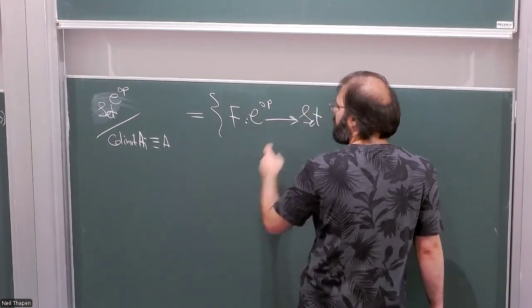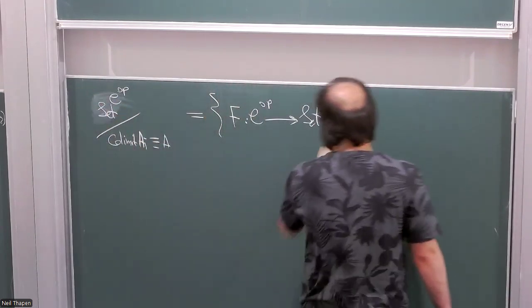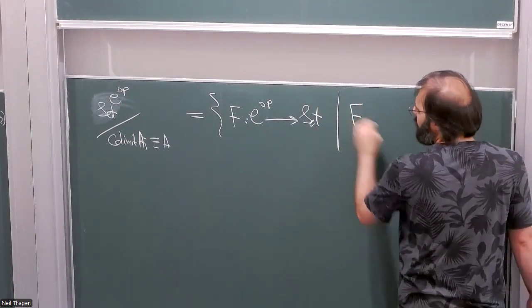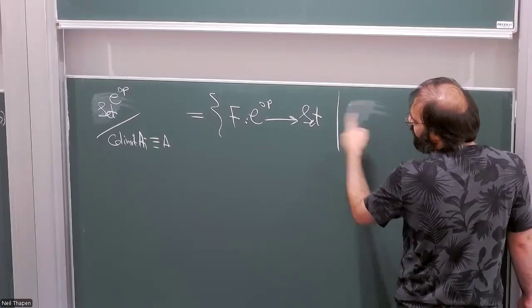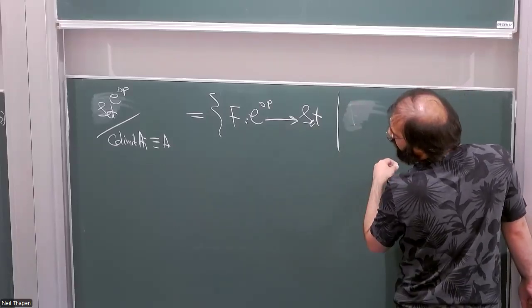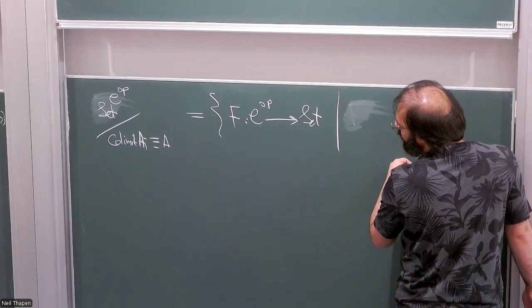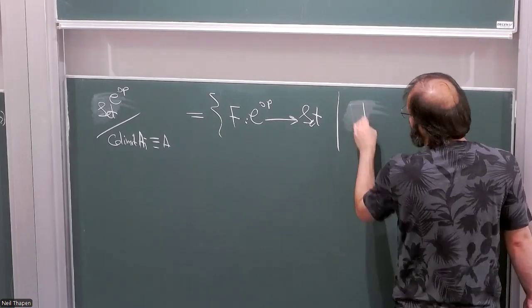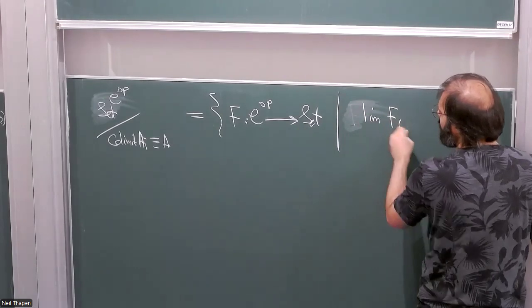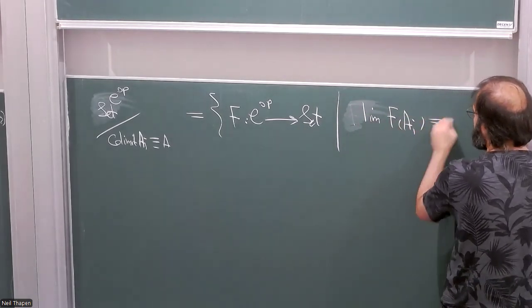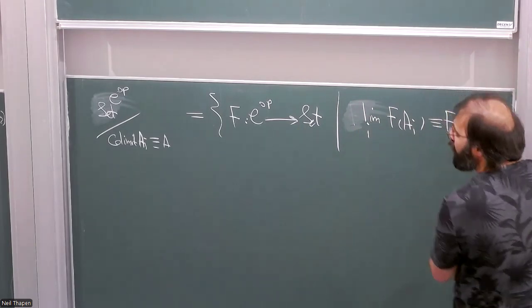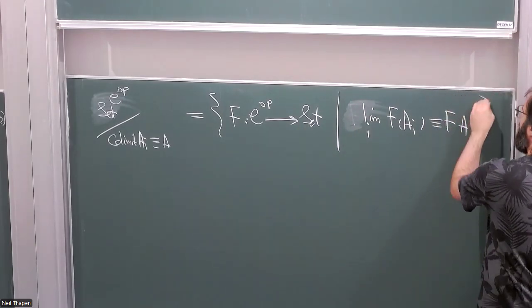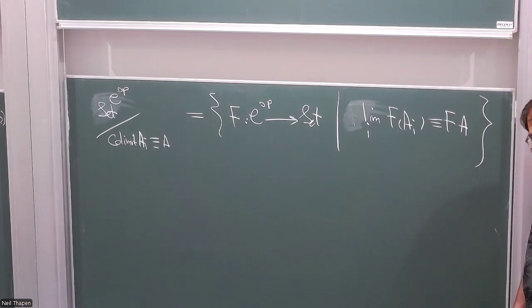So I'm just going for a subcategory of this, such that if they respect that, meaning that since f is just order, it's just contravariant, so the limit of f of AIs is f of A. If you restrict yourself to these guys, then that's fine.